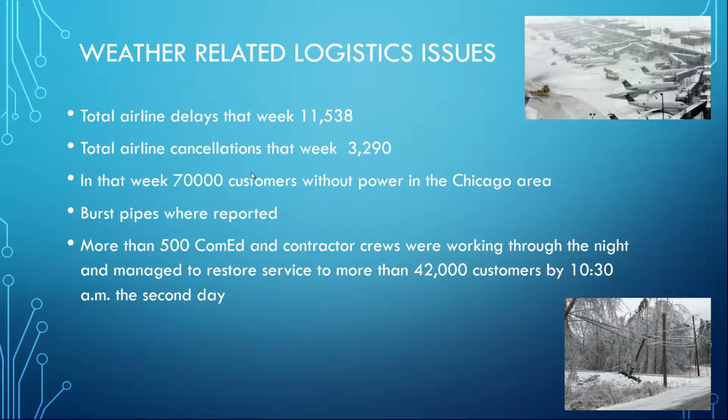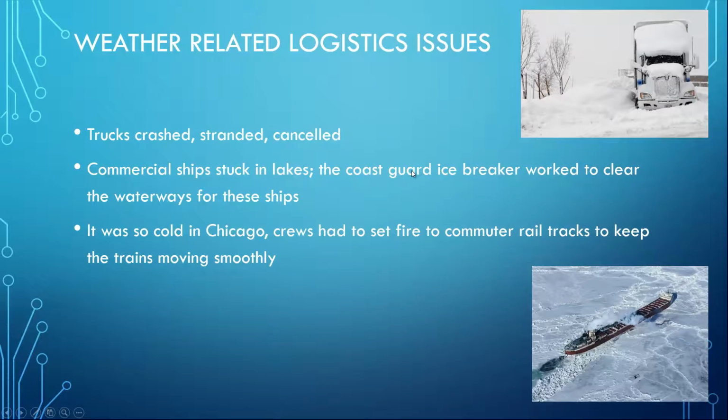So all these issues again will affect the logistics of the companies, the trucks, and the employees. Trucks crashed, stranded, canceled, they cannot move anymore. Commercial ships were stuck in lakes.